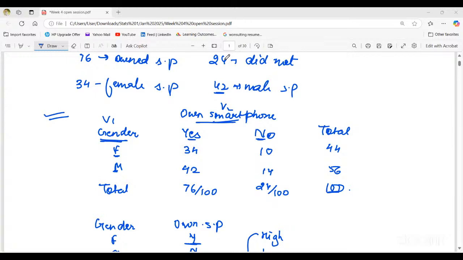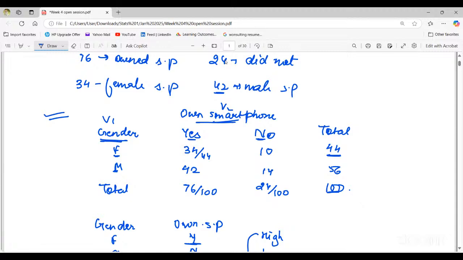Correct. The question is the proportion of female participants. So in total, how many female participants are there? 44. From that, how many of them own a smartphone? I would calculate the frequency, 34, divided by the total frequency, 44. Got it?